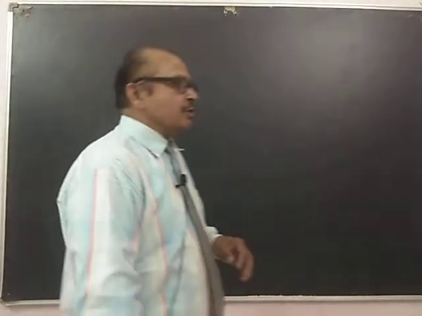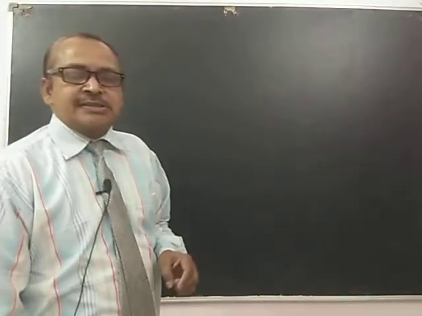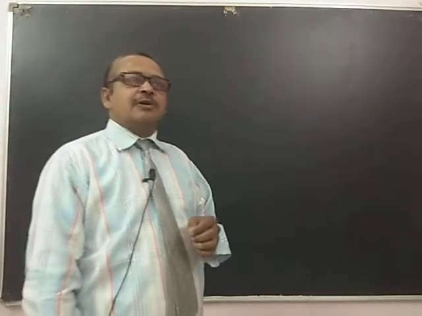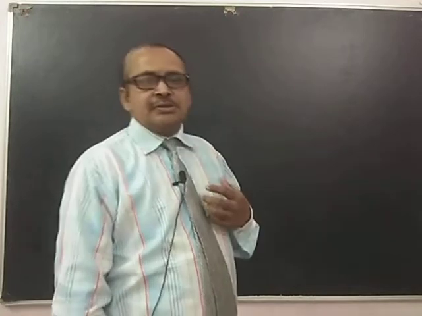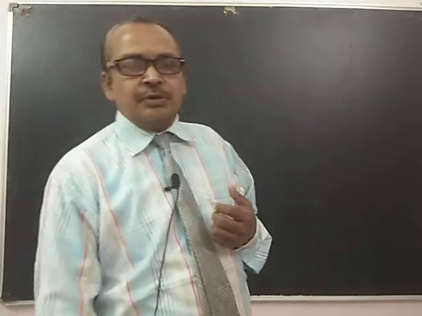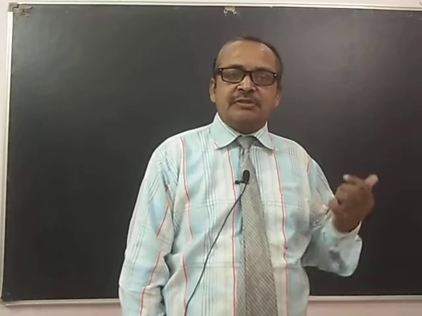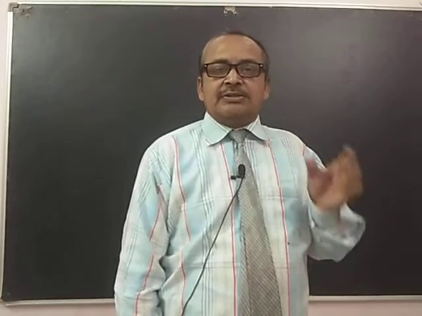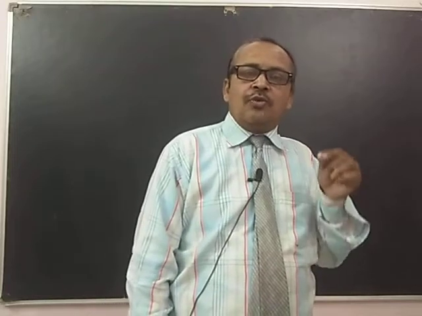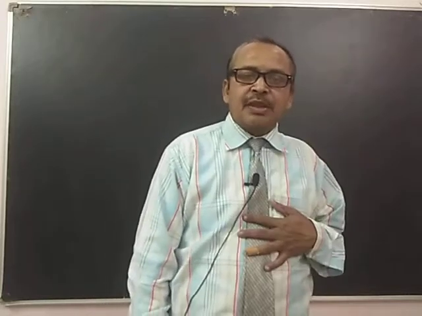So, dear friends, in our last lecture, we were talking about the various laws of vector addition, and the first law that we discussed was the triangle law of vector addition.